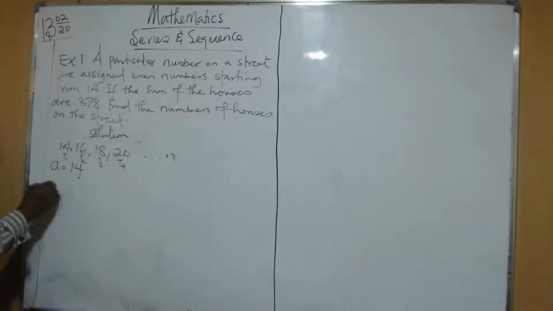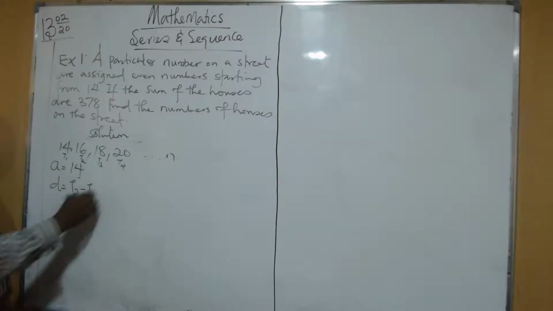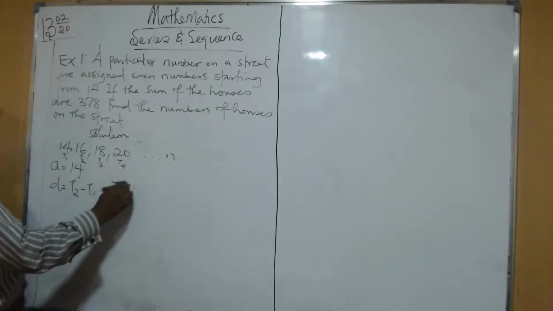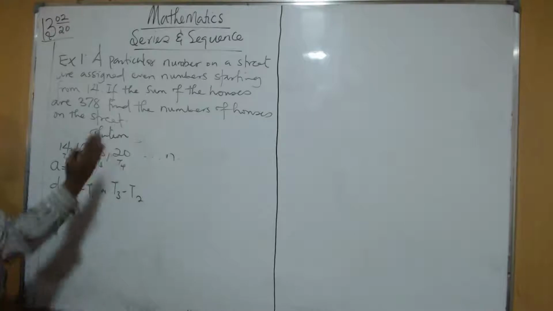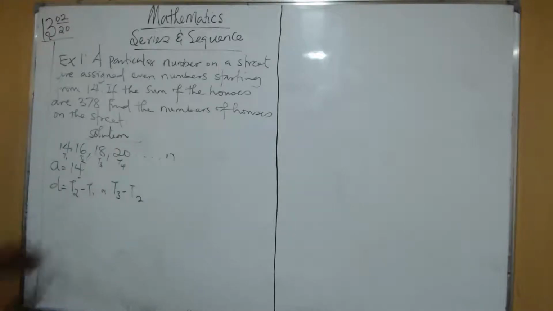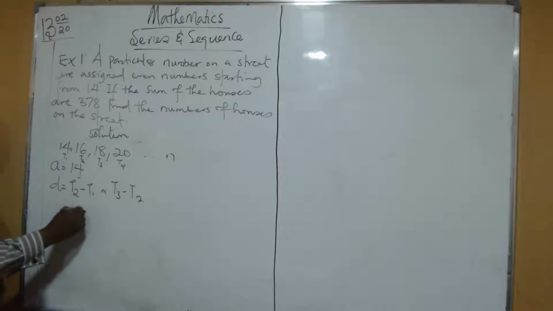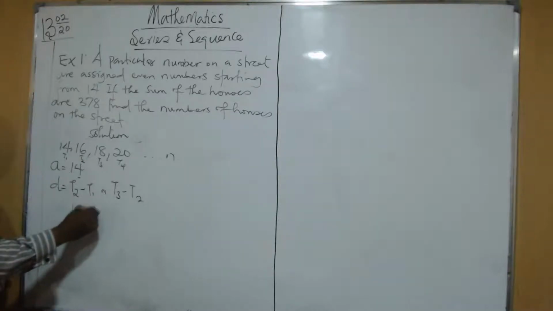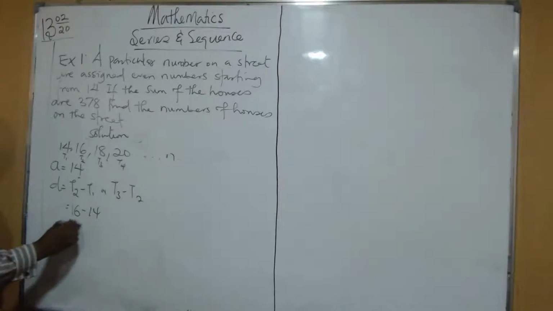To get the common difference, d, we take the second term minus the first term, or the third term minus the second term. Our second term here is 16 minus the first term, which is 14. Therefore, our common difference is 2.